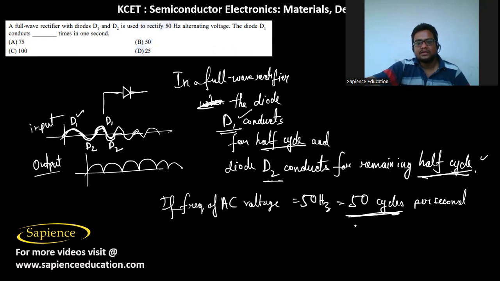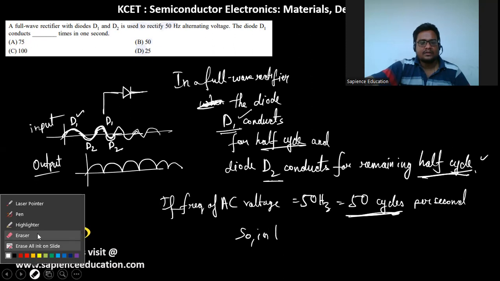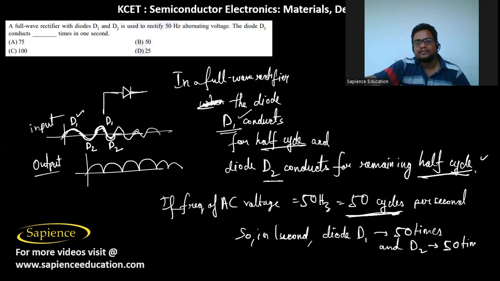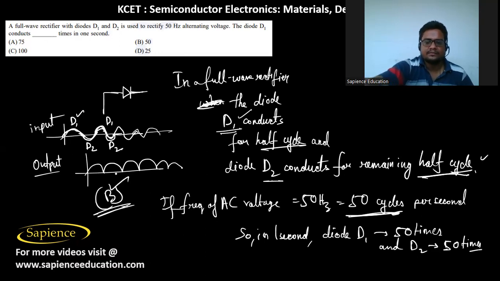So in 1 second, diode D1 will conduct 50 times, and diode D2 will also conduct 50 times. So option B is the correct answer.